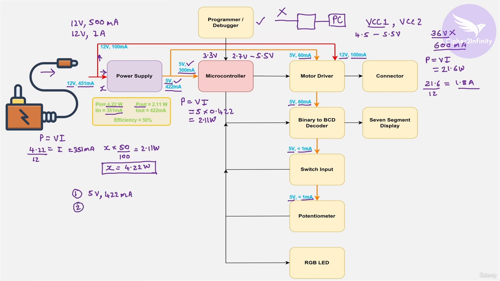Then the second conclusion is the power source that we are using to power our hardware has to provide 12 volt on the input side, and it should be capable of delivering 451 milliampere. Okay, 451 milliampere. So considering these 2 points we have to design the power supply block, or we have to choose an IC which can provide 5 volt on the output side by taking the 12 volt from the input side, and it should be capable of delivering this much current on the output side.